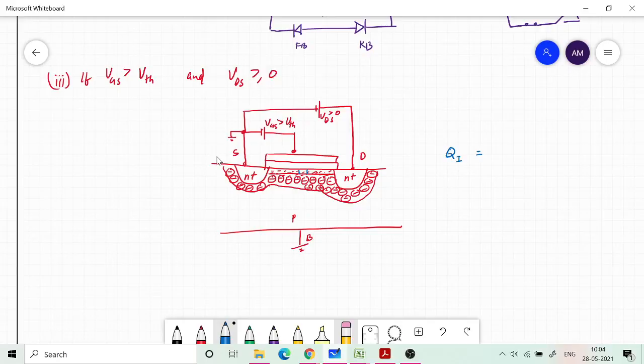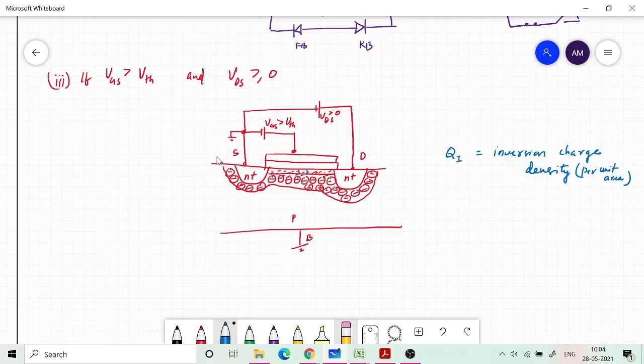So Qi is the inversion charge density. Density means per unit area. Okay, so this is just a cross section, but if you look from above and consider a unit area, in that area you have Qi amount of inversion.